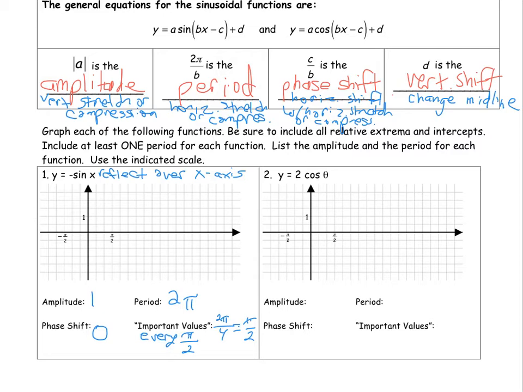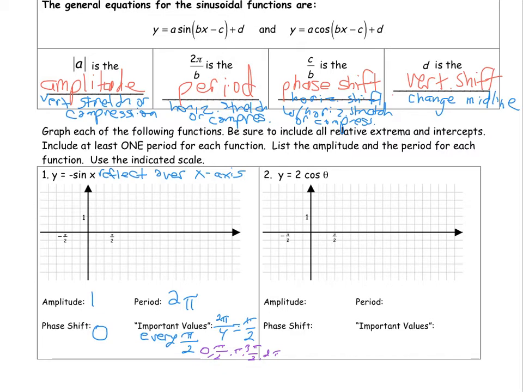Let me change my color here real quick. I'm going to have it at 0, pi over 2, pi, 3 pi over 2, and 2 pi. Those are going to be the 5 key points that I must graph.